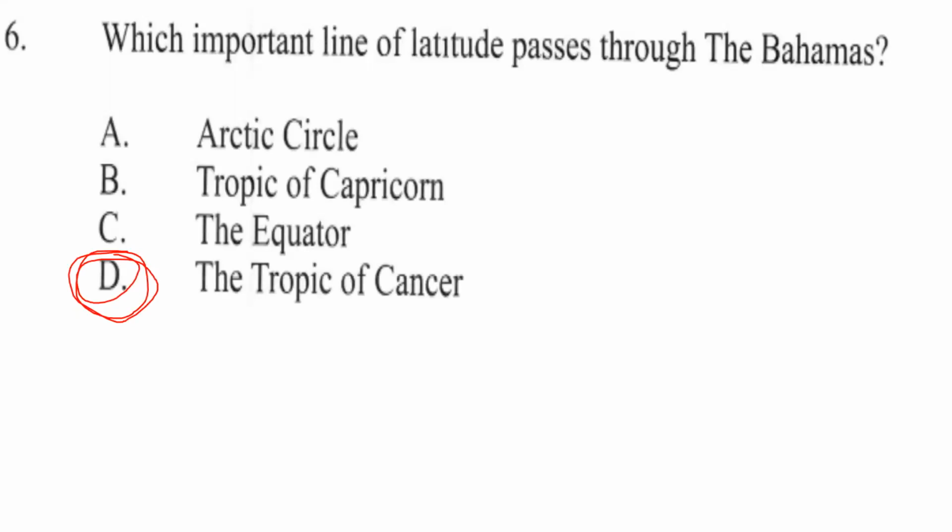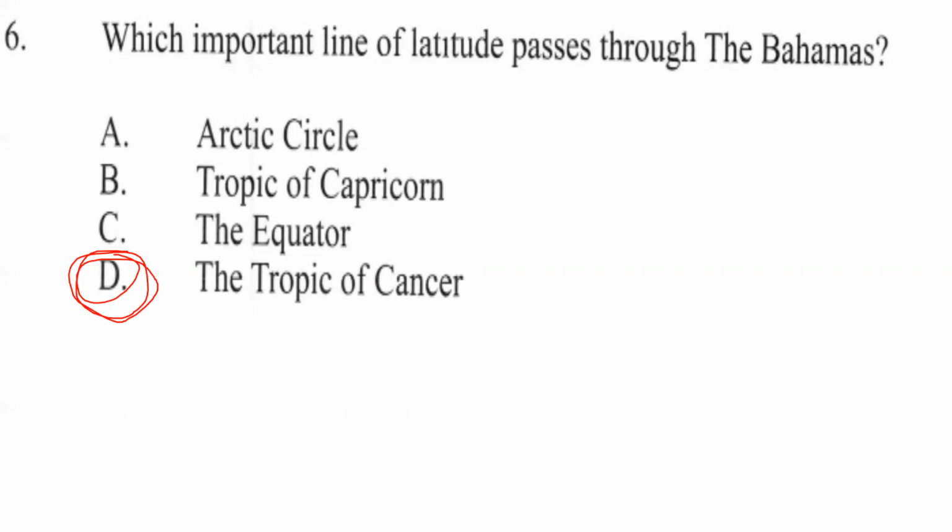Number 6. Which important line of latitude passes through the Bahamas? A, Arctic Circle, B, Tropic of Capricorn, C, the equator, D, the Tropic of Cancer.